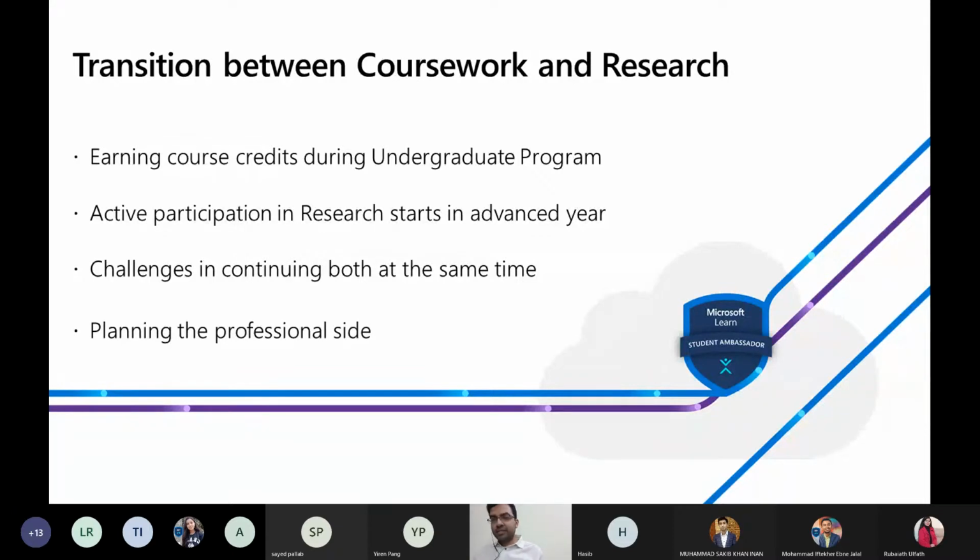There is a connection, because without completing the coursework, you won't have any background knowledge on the research topic, right? The coursework will give you a beginning, a starting point.